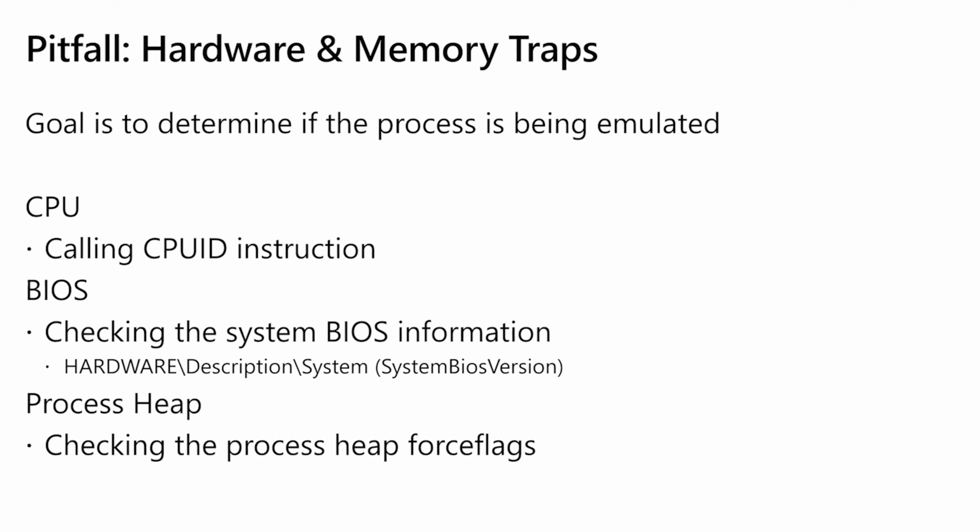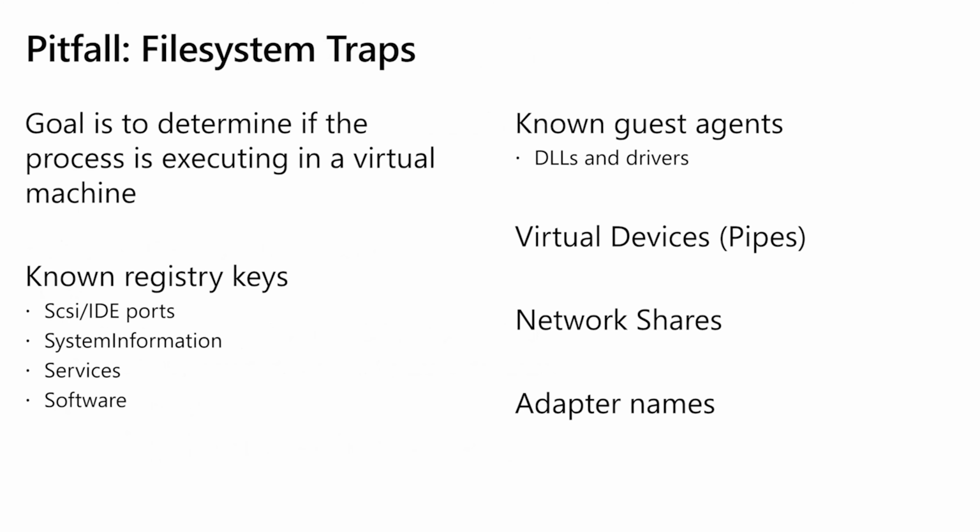Sometimes the CPUID instruction is not implemented in symbolic execution, so you'll have to be mindful of that. Checking if the process heap has force flags. Sometimes, if you're running in a debugger, this is not set. So just be mindful of what environment you're executing in.